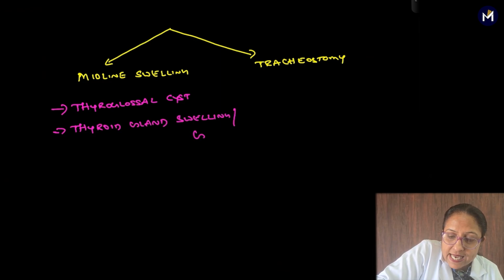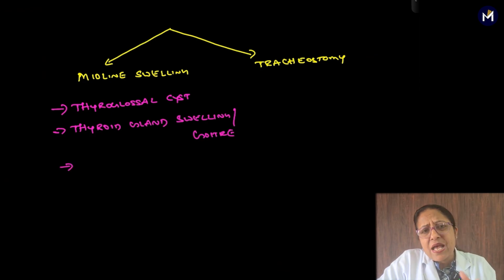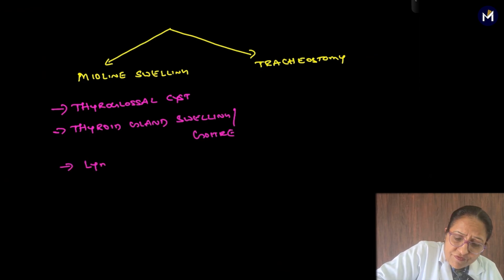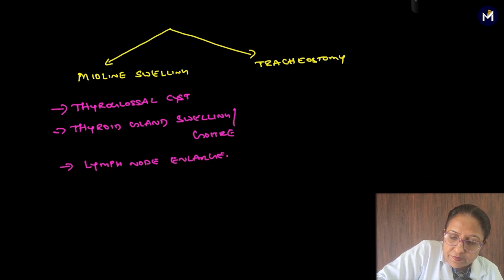You can call this a goiter, or some other swelling like lymph node enlargement. Now, how shall we differentiate a thyroglossal cyst from a thyroid gland swelling or goiter?